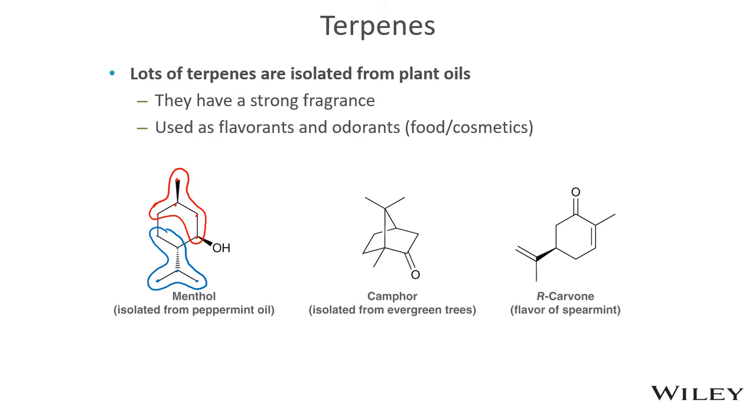With camphor, we have 1, 2, 3, 4 carbons with the methyl group attached to the second. And then 1, 2, 3, 4, again with a carbon attached to the second.